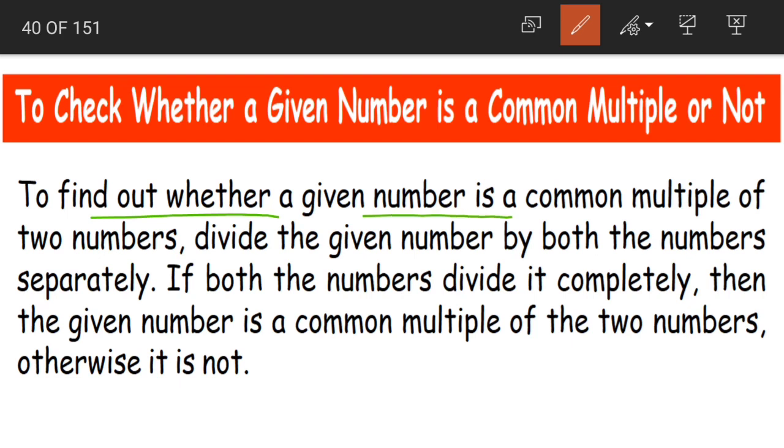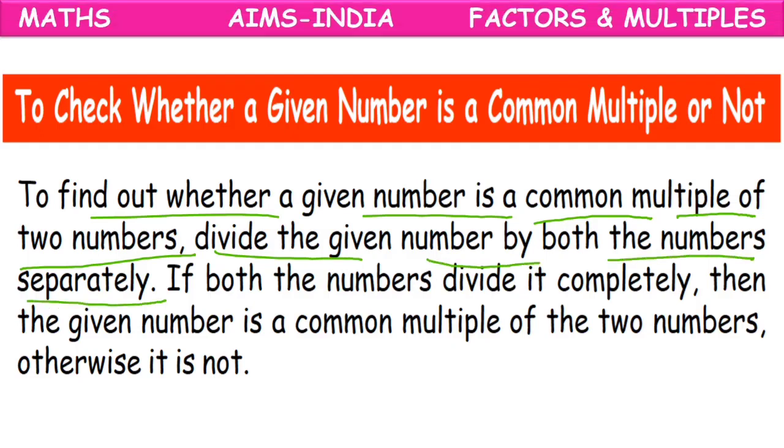So to find out whether a given number is a common multiple of two numbers, divide the given number by both the numbers separately.